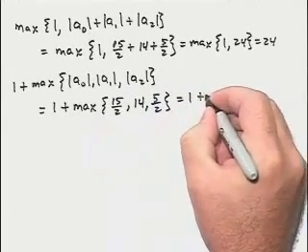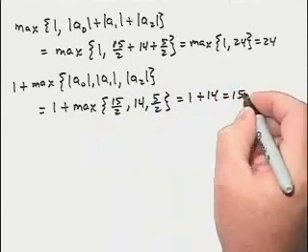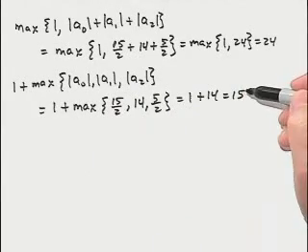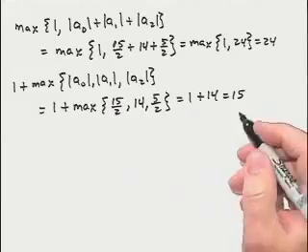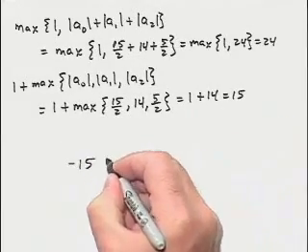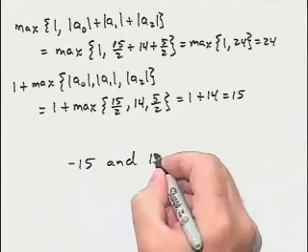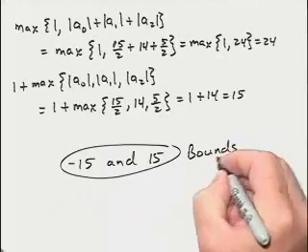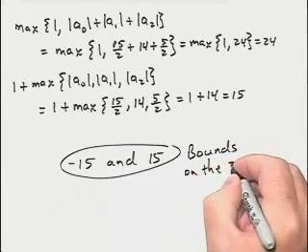So we get 1 plus 14, which is equal to 15. Now the smaller of these two numbers is 15. That gives us our bound. Every zero of g lies between negative 15 and 15. So negative 15 and 15 are the bounds on the zeros.